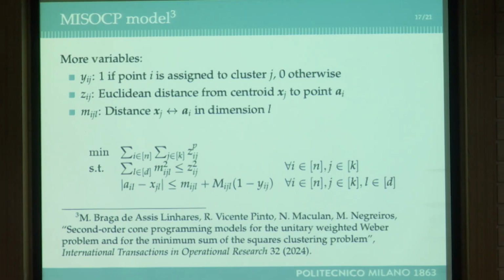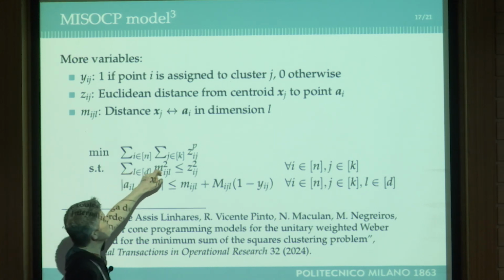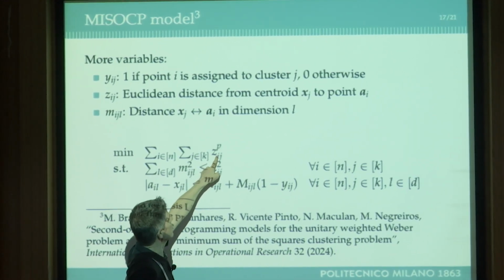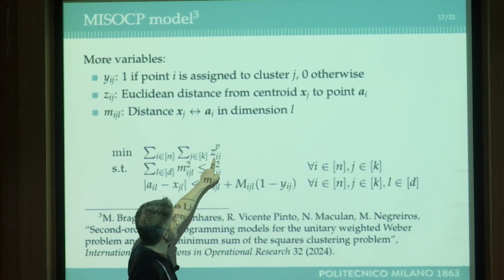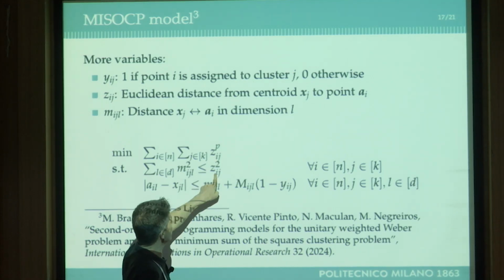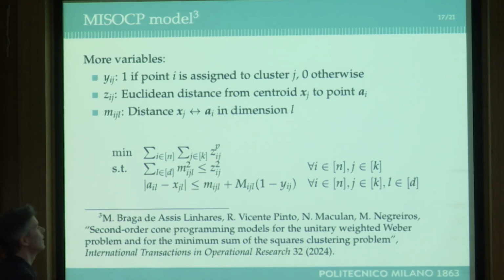I will briefly, but not so briefly, go over it, because clearly now the function has changed a bit. So we want to minimize this function, and p can be either 1 or 2, so I'm either minimizing a linear function or a quadratic function, and z is simply the distance of every point to the associated cluster centroid if it is associated to that cluster centroid.